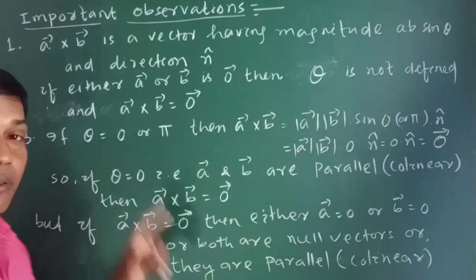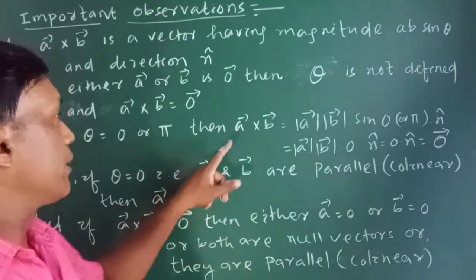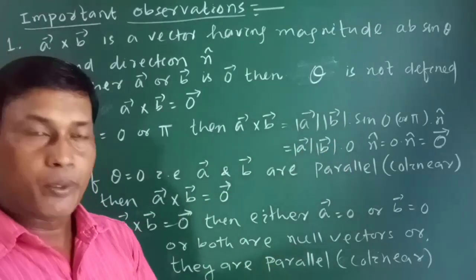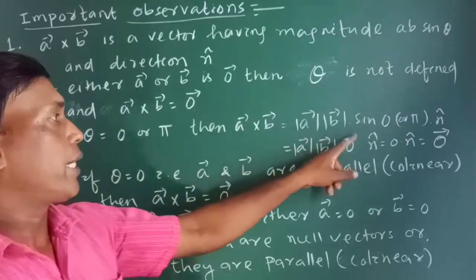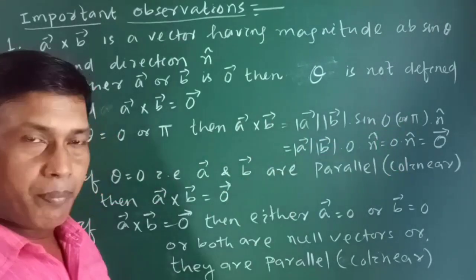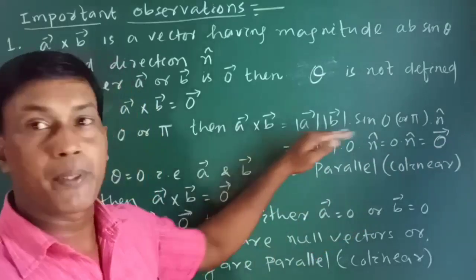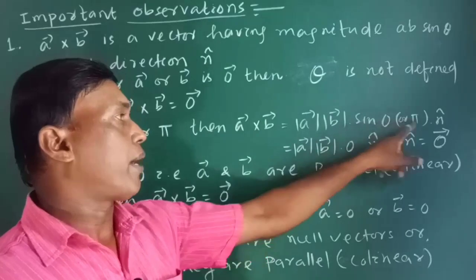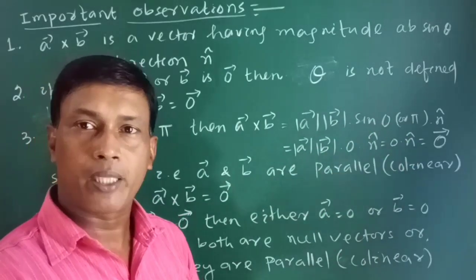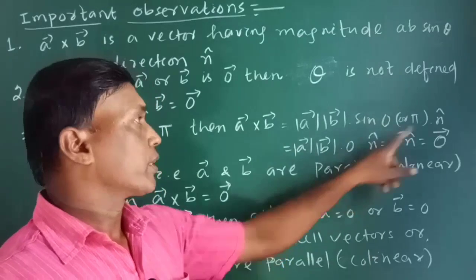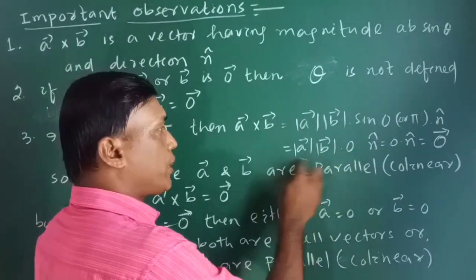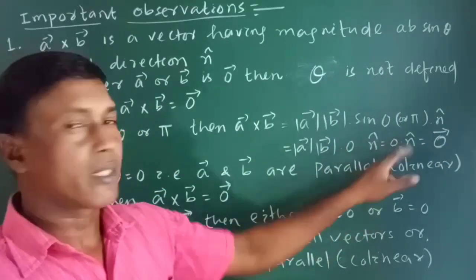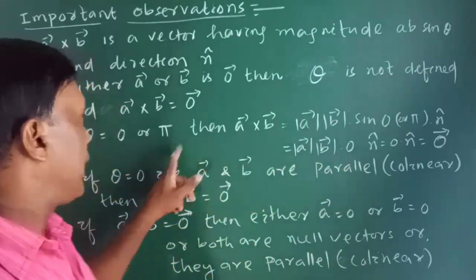Third, if theta is equal to 0 or pi, in this case A cross B is equal to magnitude of A into magnitude of B into sine of the angle between them, into n cap. The angle is 0 or pi, and sine 0 is 0, sine pi is 0, so the value is 0 into n cap. 0 into n cap is the 0 vector. Scalar into vector is vector. So A cross B is 0.